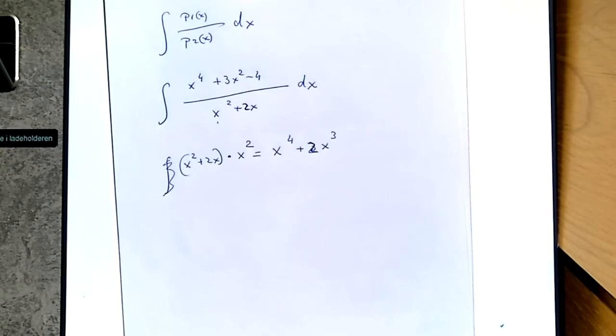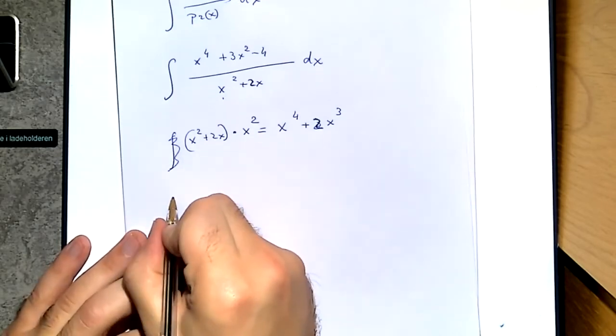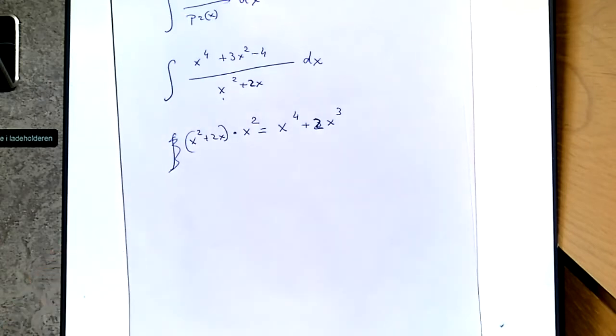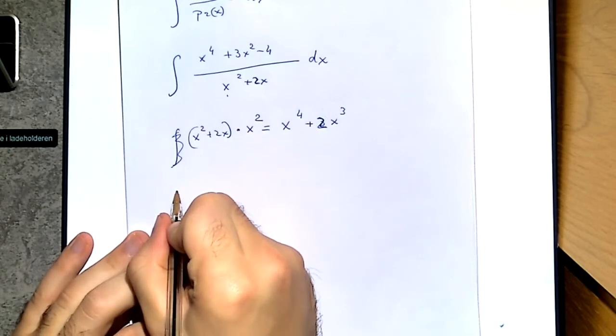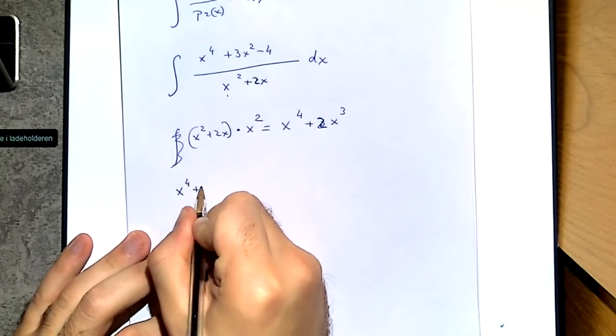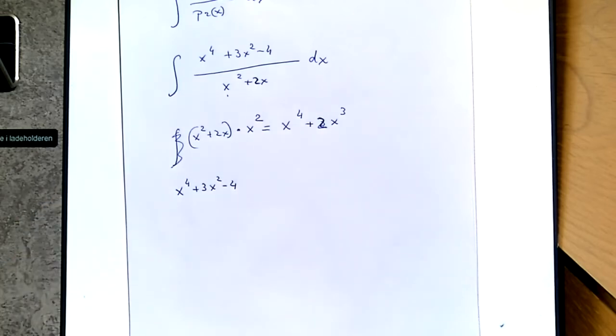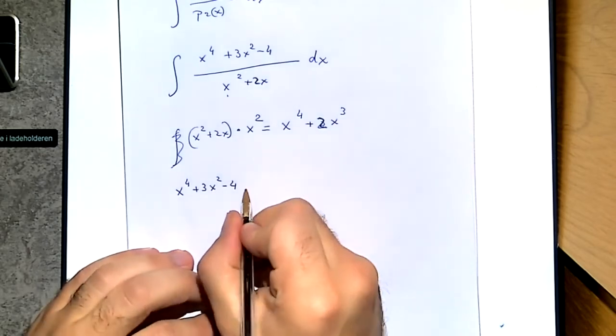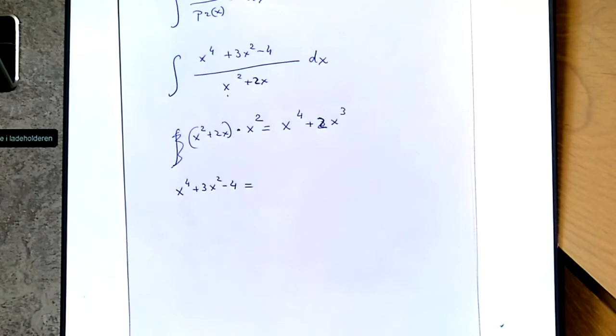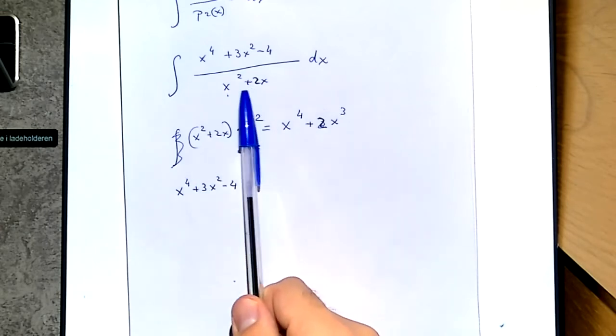Now move back one step. I am polynomial divisioning whatever, this thing, x to the fourth plus 3x squared minus 4. This is what I'm polynomial divisioning. Don't quote me on that, that is not a term. But regardless, the idea is to get rid of the bigger powers. So how do I get rid of the bigger powers and write everything in terms of x squared plus 2x?